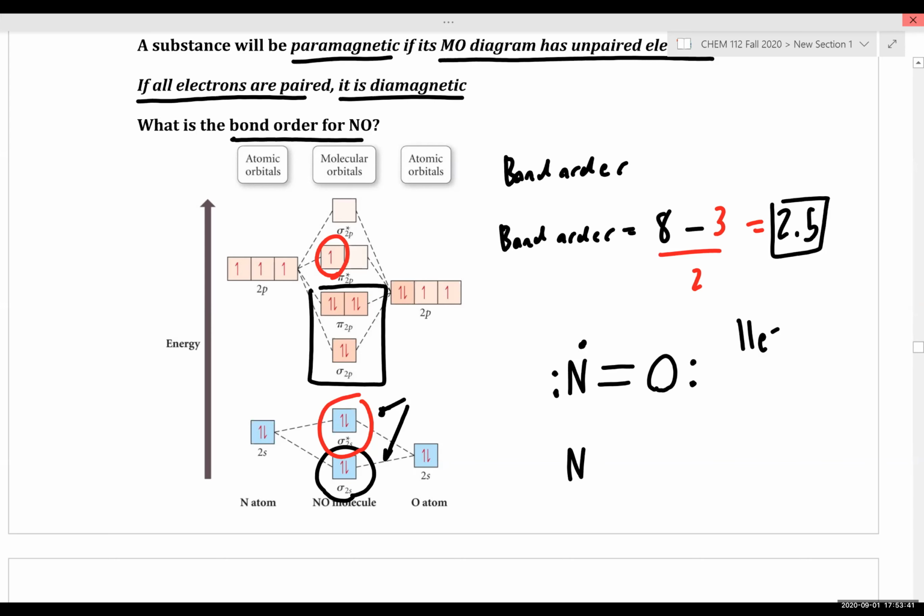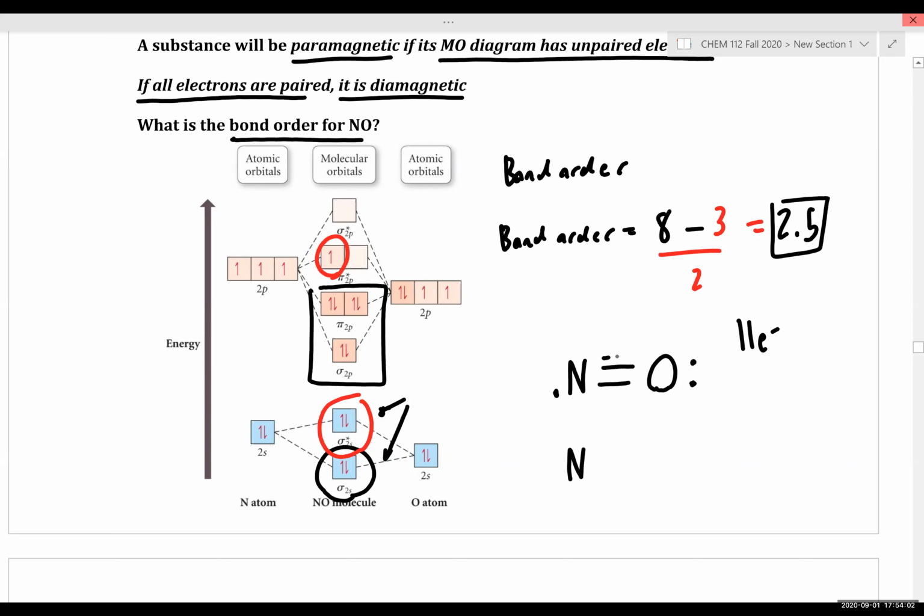And that's because for these intermediate bond orders, we have a bond that's stronger than your typical double bond, but weaker than your typical single bond.